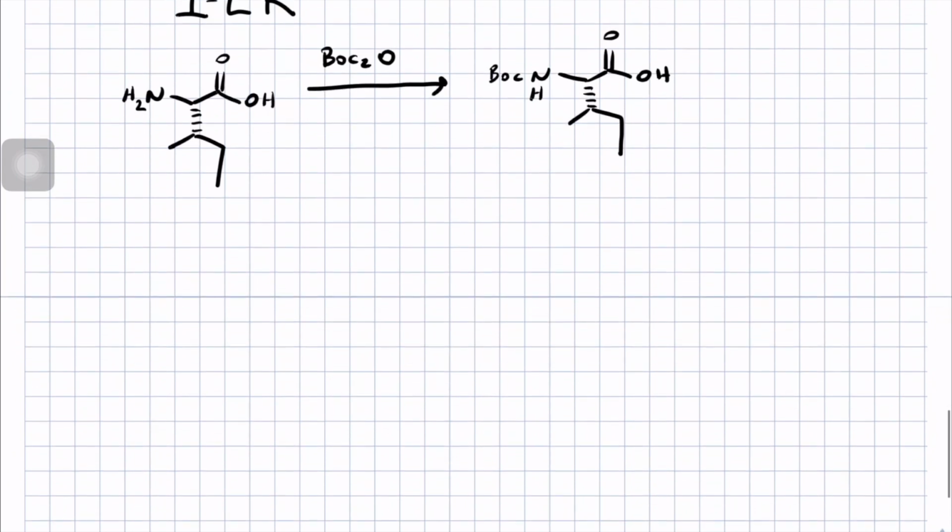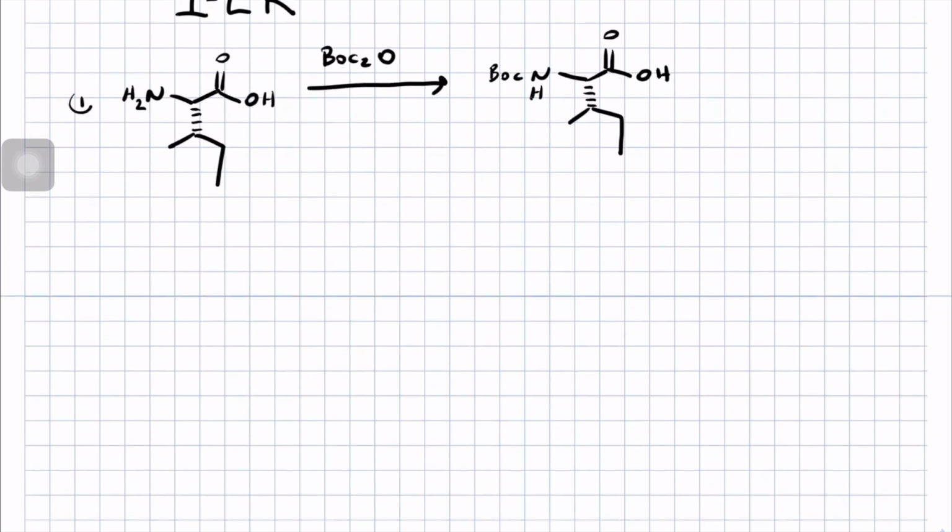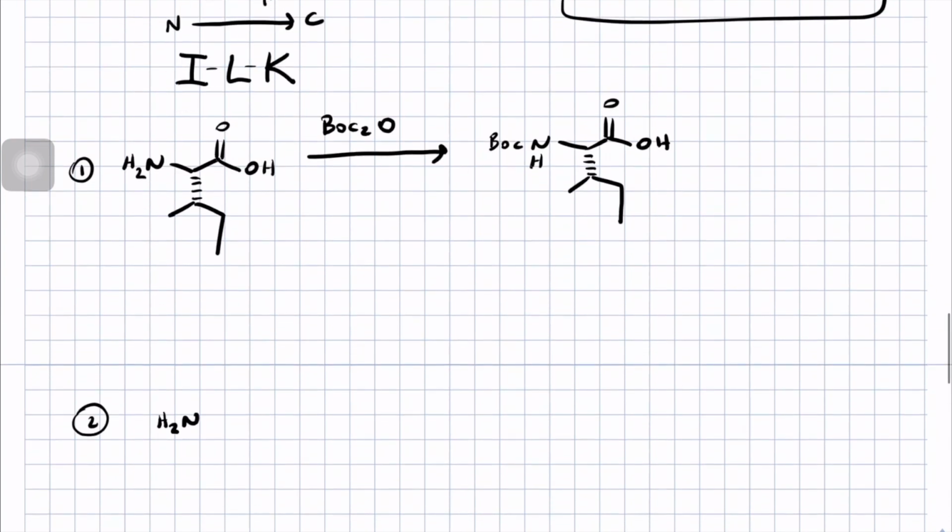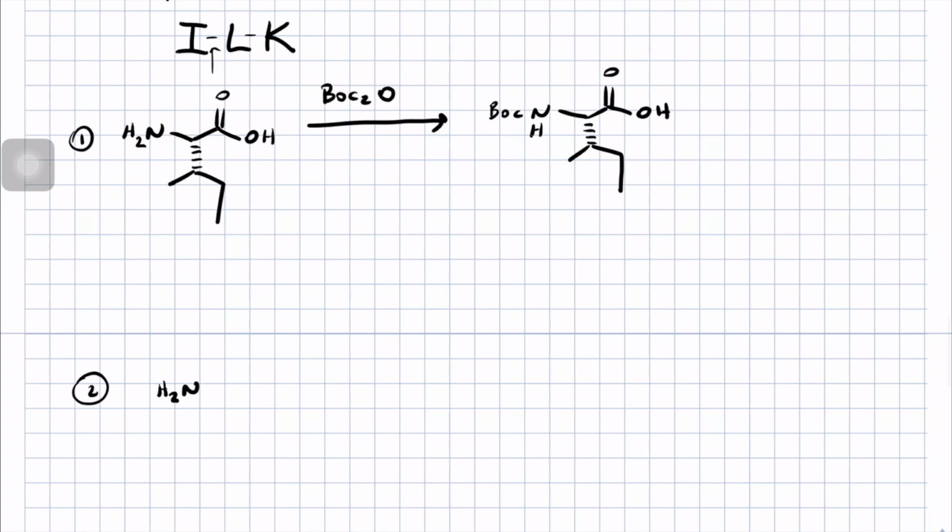Second, I would need to take the amino acid leucine, and notice that I'm going to need to have a bond between the carboxylic acid group of isoleucine with the amino group of leucine. So here's the leucine structure.